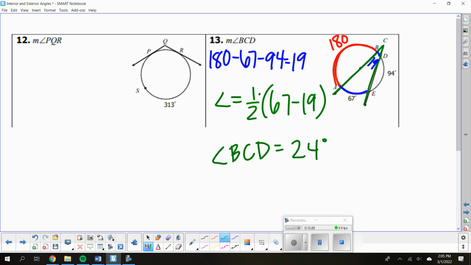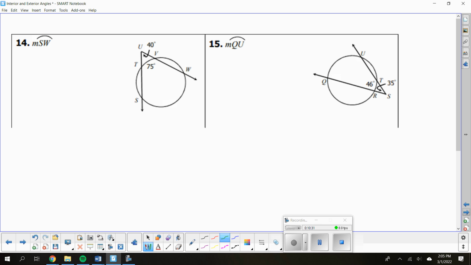All right, let's look at 14. This time I'm given my angle. I have one of the arcs that it is tracking, and I'm asked to find the other arc. Again, your angle is equal to half your big arc, which I don't know, minus my small arc.